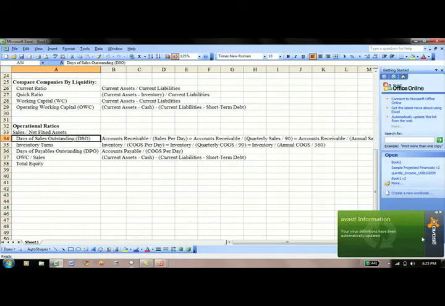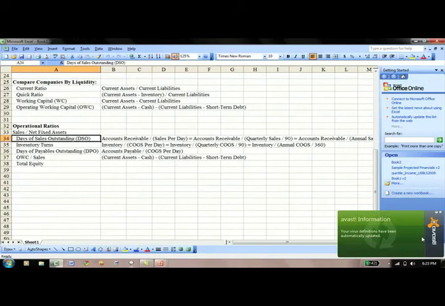And Wall Street likes to keep it normalized, such that they can compare one company against another. Whereas corporate financial people within a company might choose a different set of metrics, very specific to their company. But from a Wall Streeter's perspective, they essentially want to be on a platform where they can compare multiple companies and very quickly come up with metrics and an understanding of who is performance-wise doing better than the other.